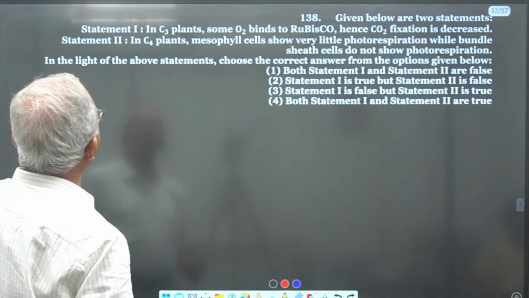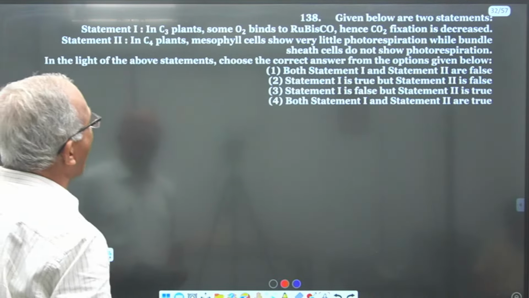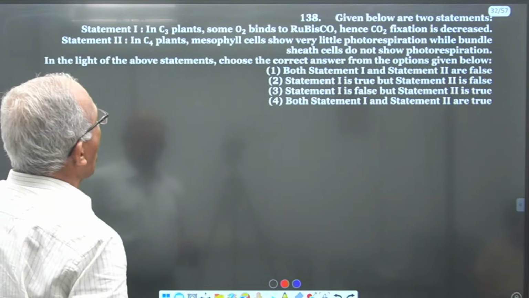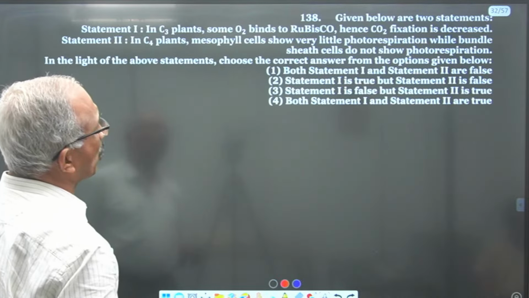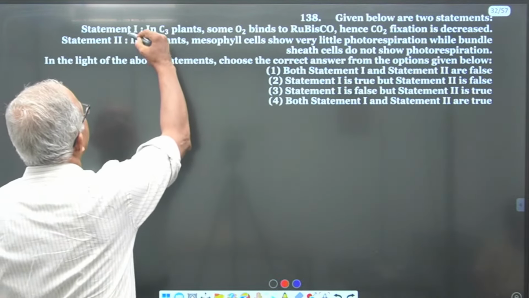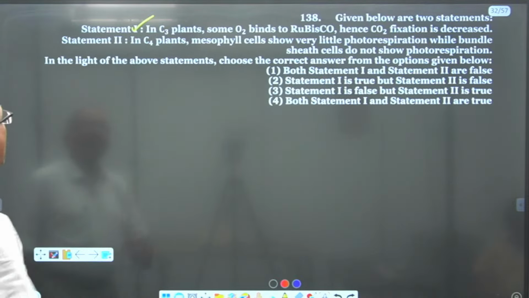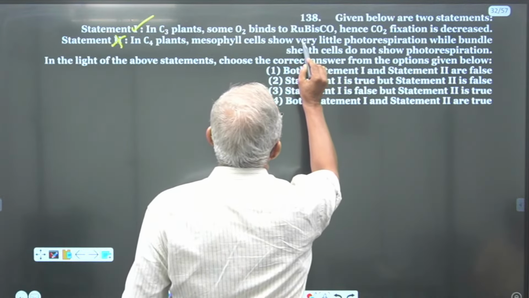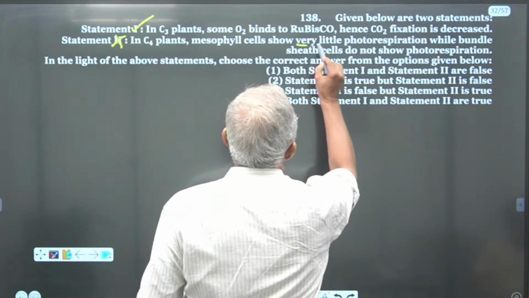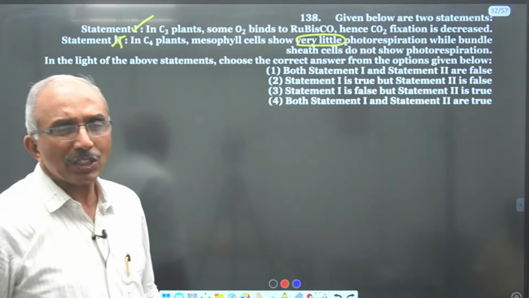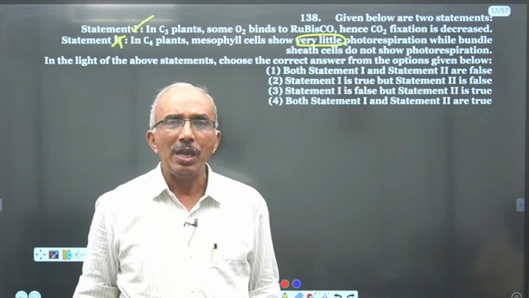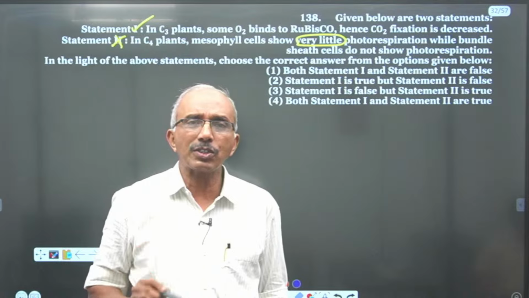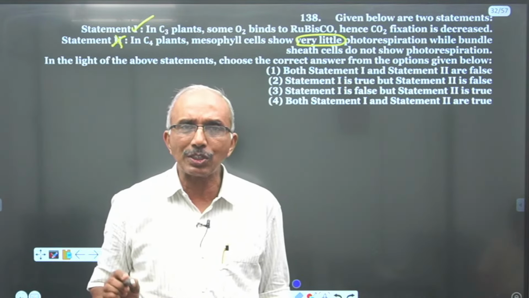Given below are 2 statements. In C3 plants, some oxygen binds to rubisco, hence carbon dioxide fixation is decreased. Statement 2 is wrong. In C4 plants, mesophyll cells show very little photorespiration, no photorespiration. Mesophyll cells do not show any photorespiration because the enzyme present for carboxylation is PEP carboxylase.